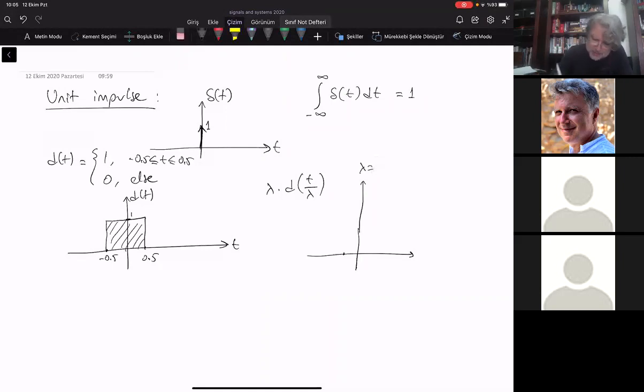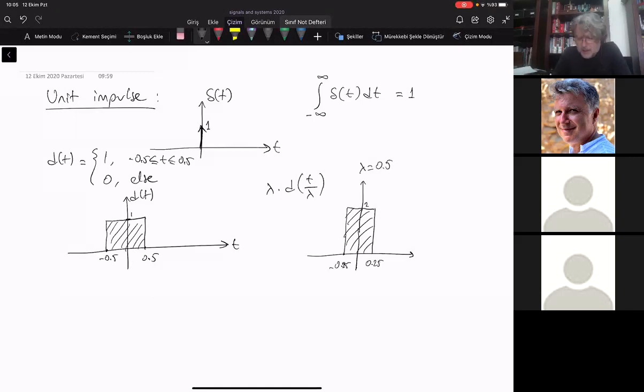Sorry about that. I'm trying to obtain this, where it goes from minus 0.25 to 0.25, and this one becomes 2, where the area is still equal to 1. It is twice narrower, but twice taller. But lambda is equal to 0.5.